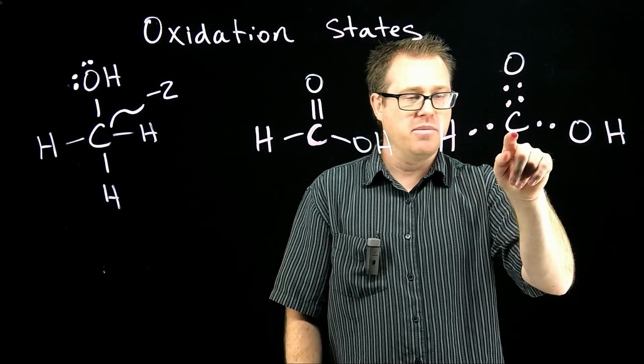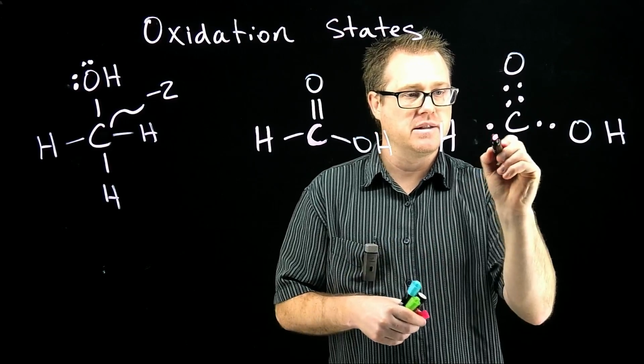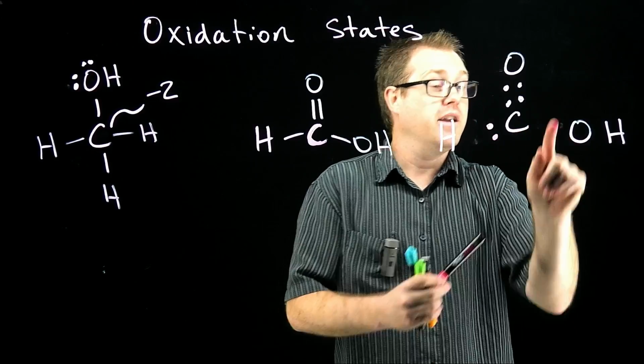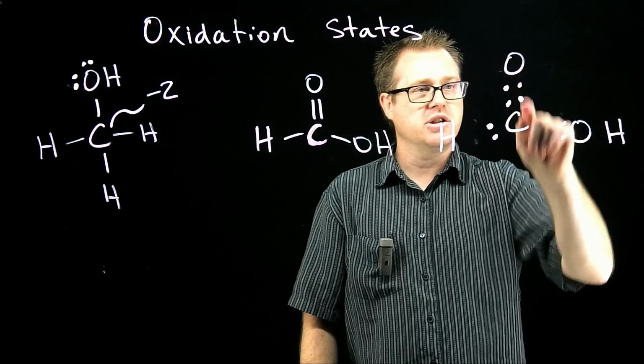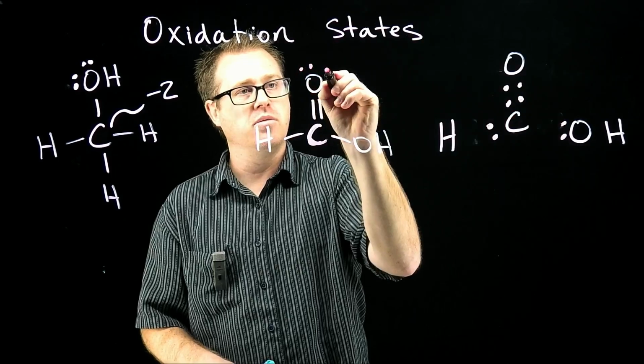So hydrogen, carbon, which one's more electronegative? The carbon. So it gets the electrons. Carbon, oxygen, the oxygen. Carbon-oxygen, oh, we have double bonds here. Remember, though, there's still the lone pair there.